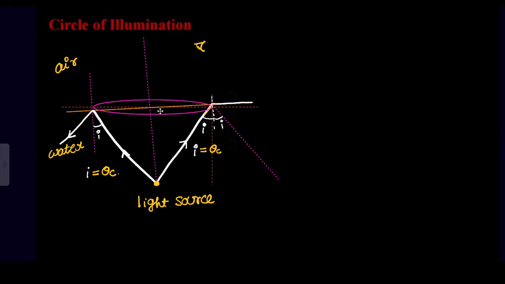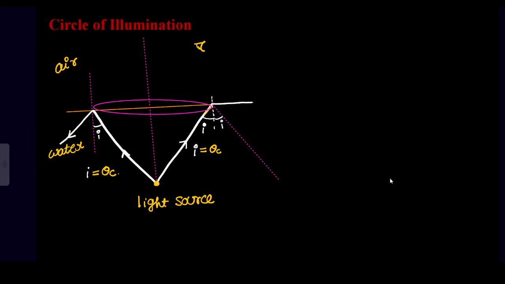Like this, one circle will be formed, of course a three-dimensional view, one circle will be formed like this, like a cone. Only this region will appear as bright, remaining regions will appear as dark.